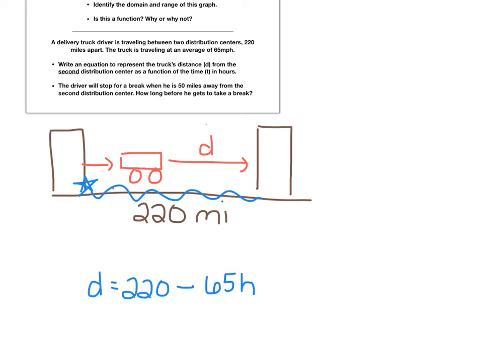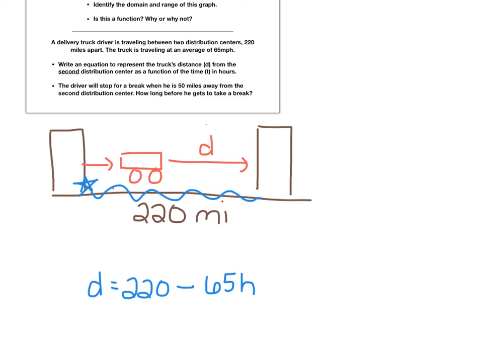That, I think, is the easiest way to think about this equation and what it should look like. I'm starting with a distance of 220, and then as I drive, that distance is slowly shrinking by 65 miles every hour. Okay, so there's my equation. That's my first bullet point up there. My distance will be 220 minus 65 times h, where h is my number of hours. Oh, I think I said to use t. Whatever, it doesn't matter.